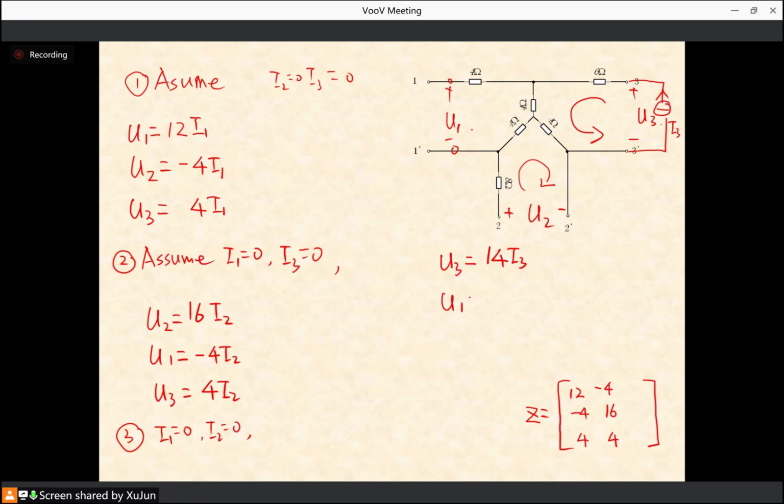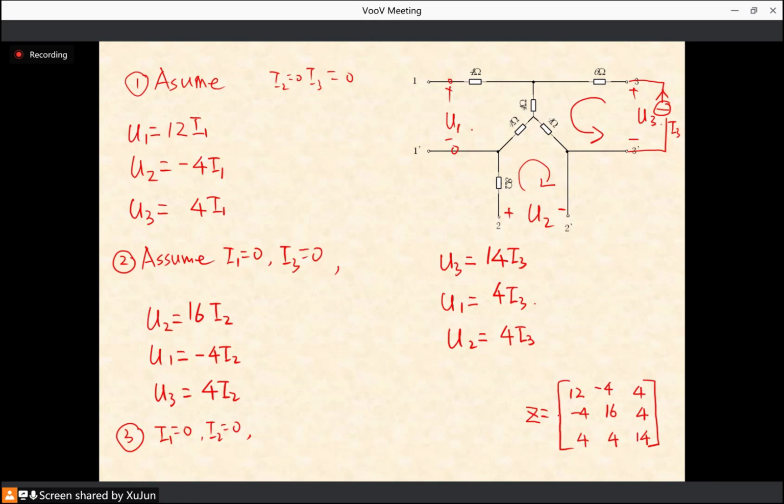U1 will be only this 4 ohm resistance, 4 I3, and U2 will be this 4 ohm resistor voltage, 4 I3 also. So the last column will be 4, 4, and 14.